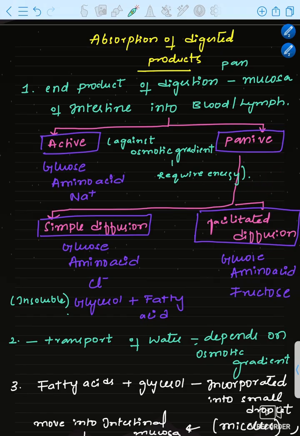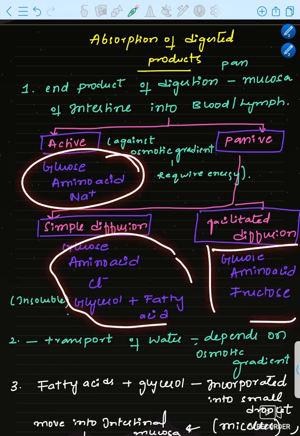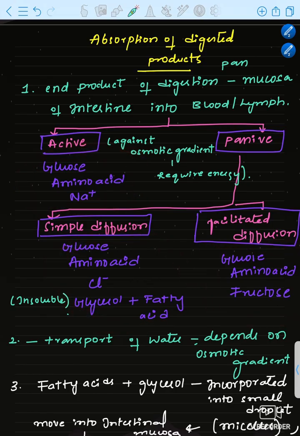So you have to remember these names. In NCERT it is clearly mentioned, only half a page. In everything you can see glucose and amino acid are common: in the active process, in simple diffusion, in facilitated diffusion. In the active process you can see Na plus is there.